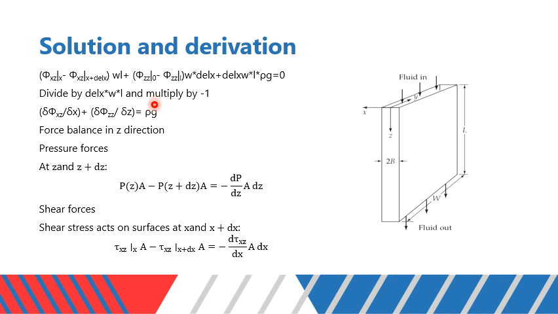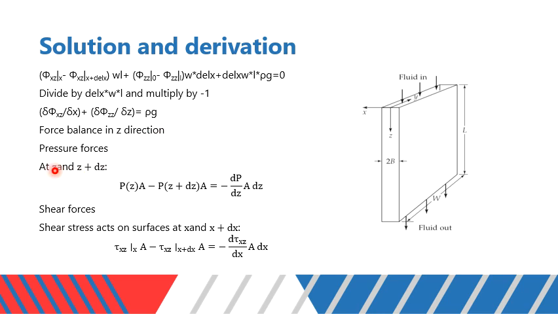Because in that, the velocity of y is zero, so it will cancel out. So we get del phi xz by del x plus del phi zz by del z equals rho g z in the z direction. Now we will do the force balance in the z direction.